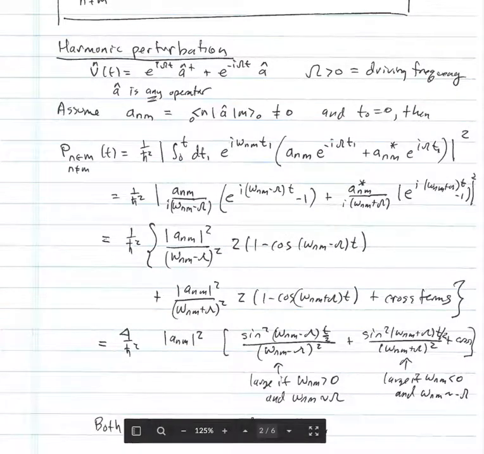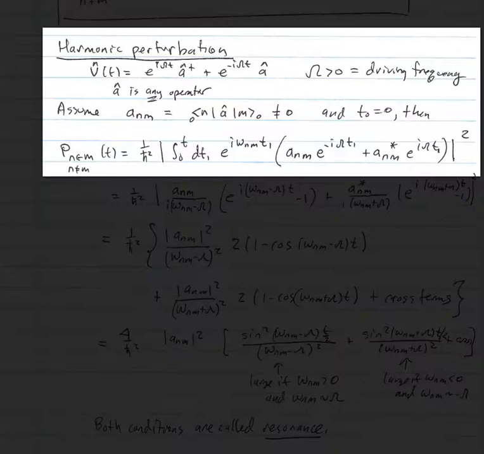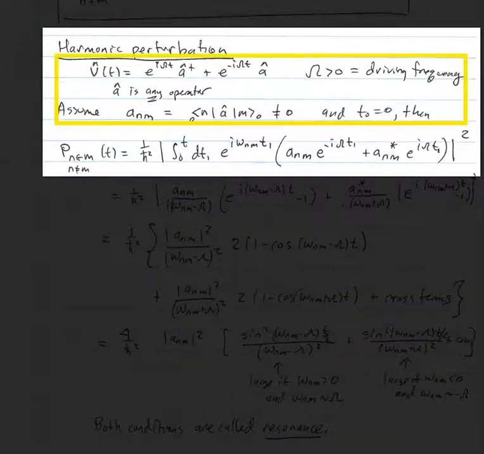Now, there's a very important case of a perturbation that we would like to look at. It's actually not an approximation. It's called a harmonic perturbation. That's when the operator in the Schrodinger picture, V(t), can be written as the sum of an operator and its Hermitian conjugate. In this case, we're writing it in terms of some operator a hat dagger.